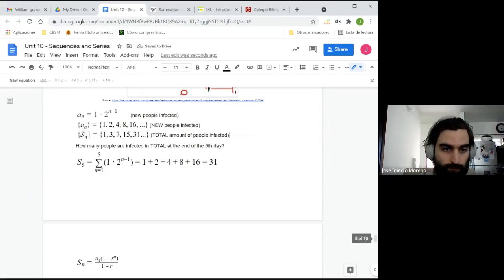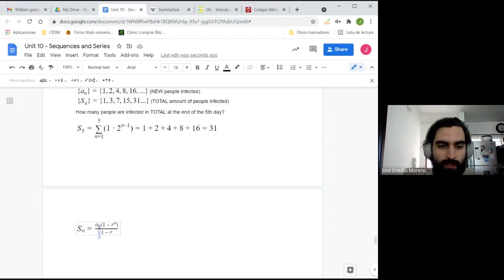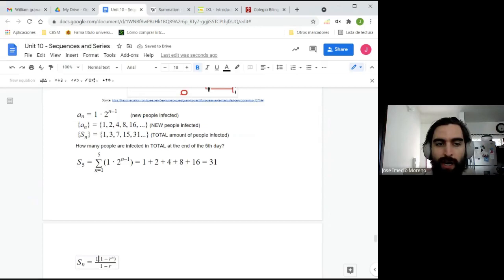So here, I'm going to use the formula. So I'm going to take a sub 1, and a sub 1 was this number, 1. Okay, so this a sub 1 is 1. Then 1 minus r raised to the power of n. R is the ratio, so it's 2.